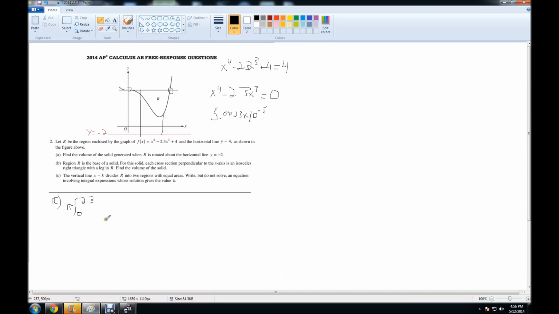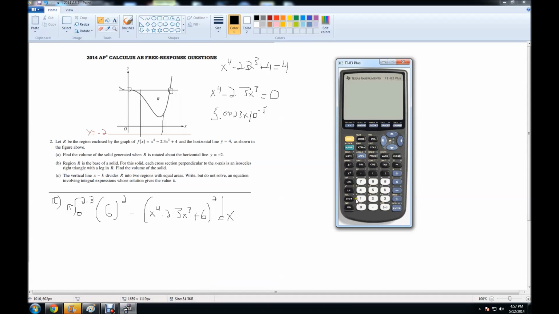So we have the bigger radius, which is 4 minus negative 2 squared, which is 6 squared, minus the smaller radius, which is x to the power of 4 minus 2.3 x cubed plus 4 minus negative 2, or x to the power of 4 minus 2.3 x cubed plus 6 squared, dx.